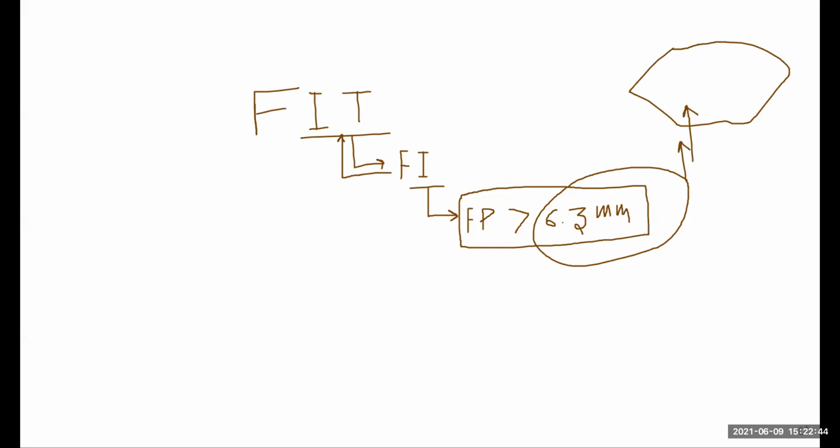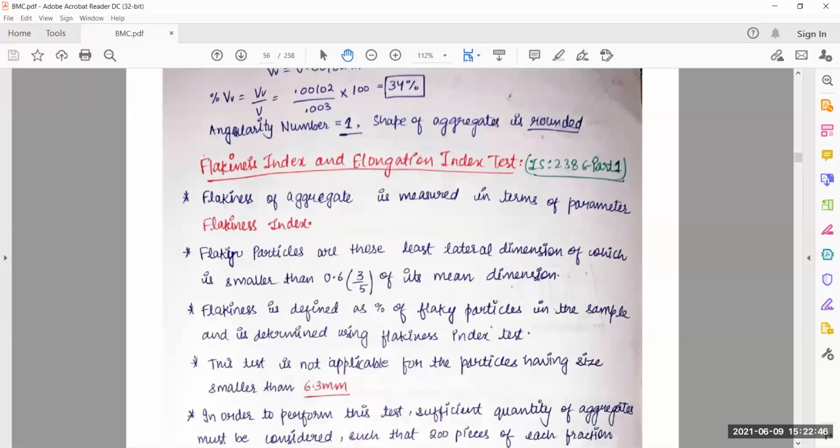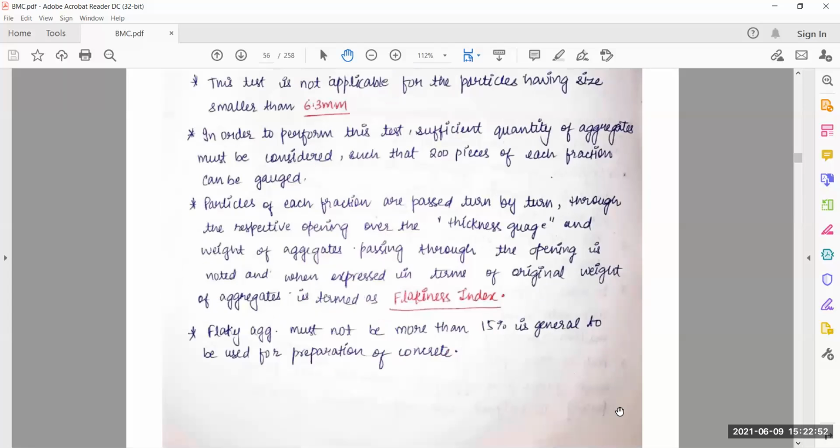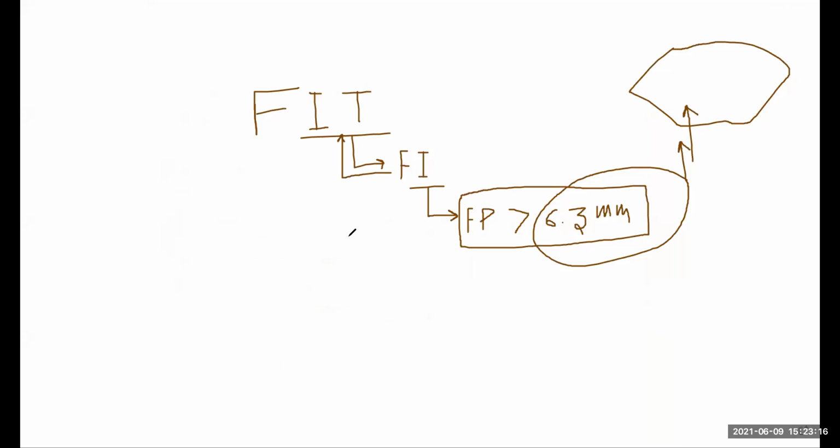Next point is, in order to perform this test, a sufficient quantity of aggregate must be considered such that 200 pieces of each fraction can be gauged. Just remember, first point: we do not select particles smaller than 6.3 mm size.